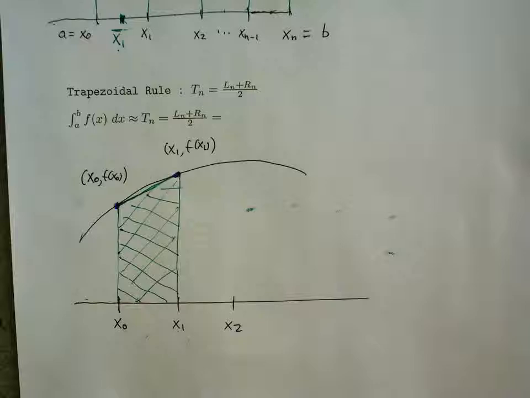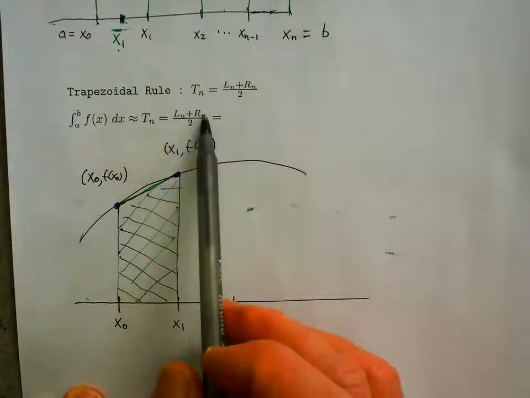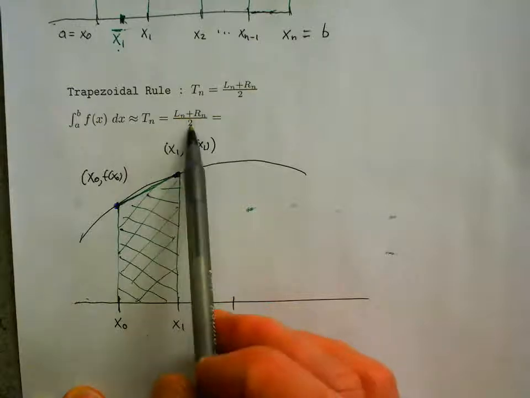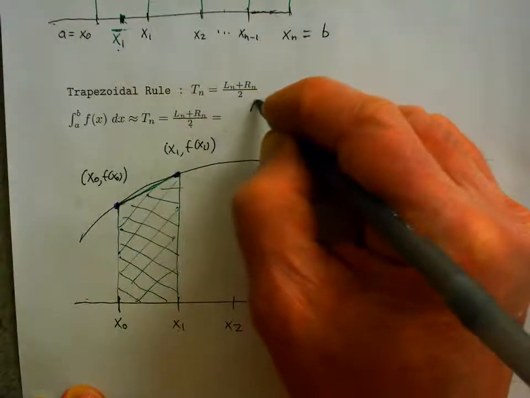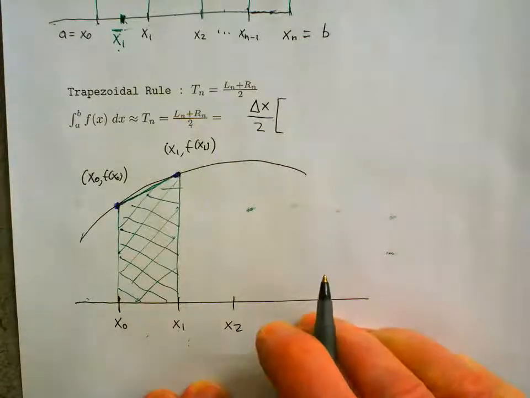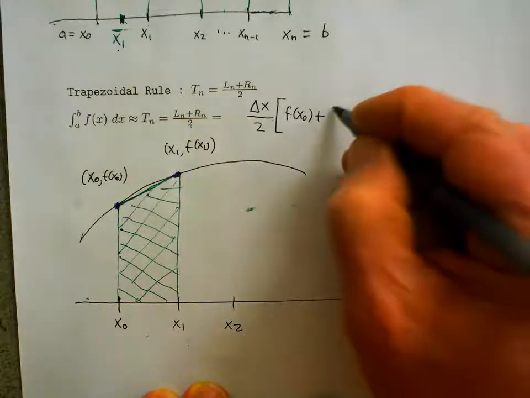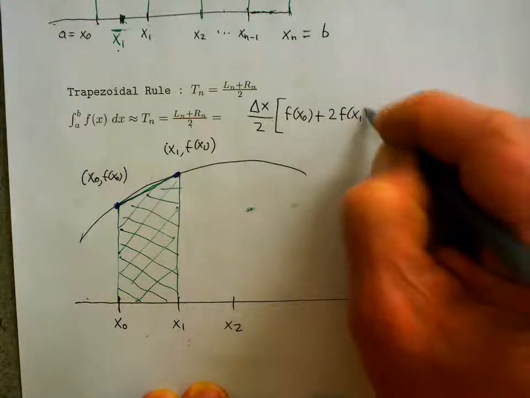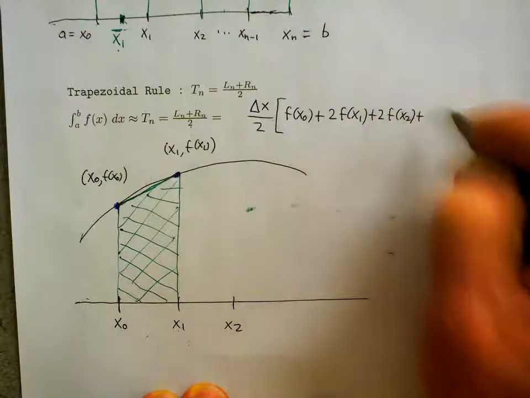It's not too hard to show geometrically, and it turns out if you add the terms of the left-hand sum and the right-hand sum and then divide it all by 2, you'll end up with delta x over 2 times the quantity f of x sub 0 plus 2 times f of x sub 1 plus 2 times f of x sub 2, and so on.